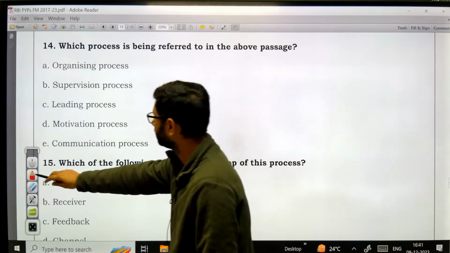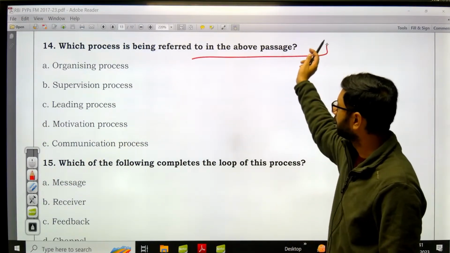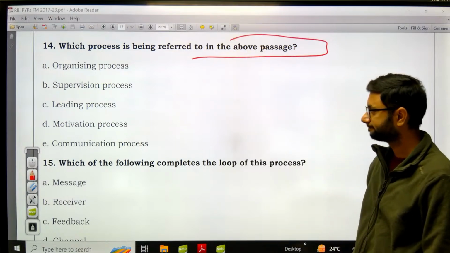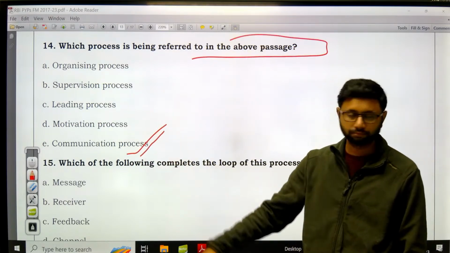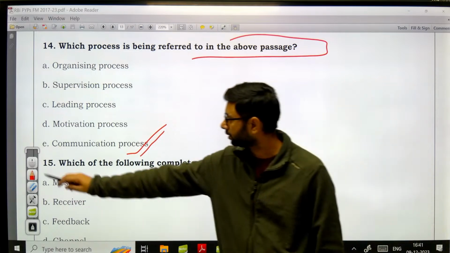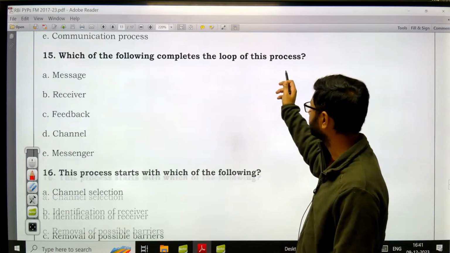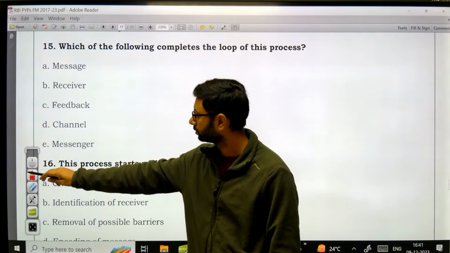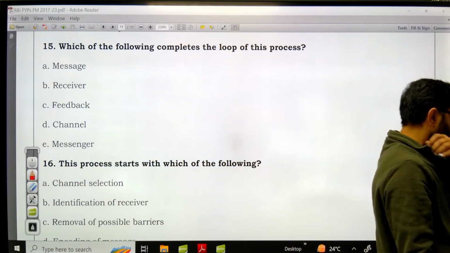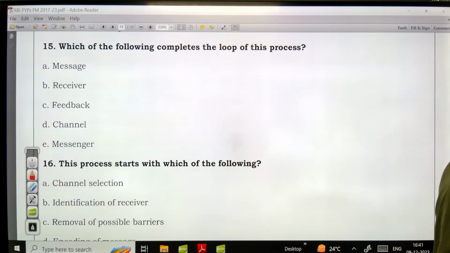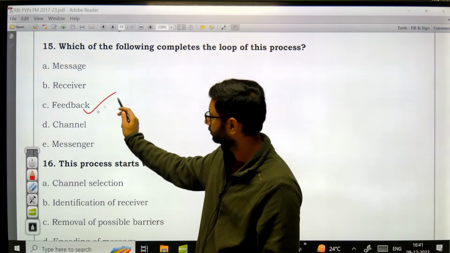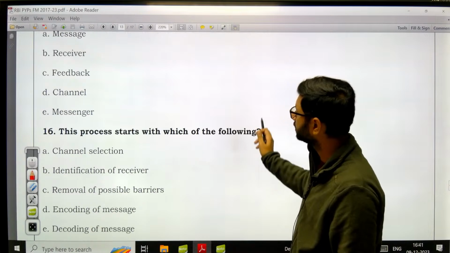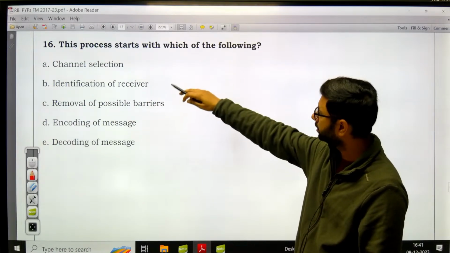Which process is being referred to in the above passage? Very simple, communication process. Next question, which of the following completes the loop of this process? Yes, correct, feedback. Next, this process starts with which of the following?